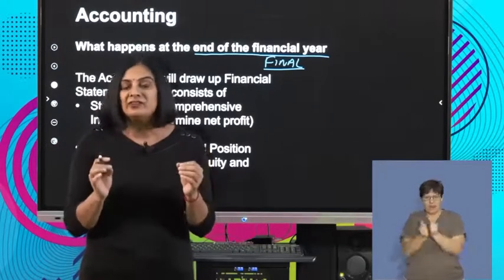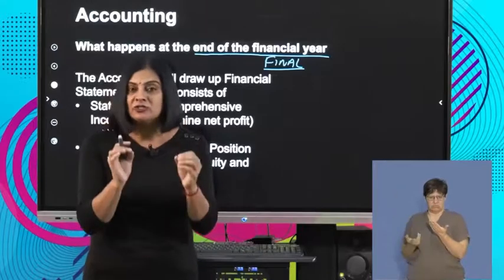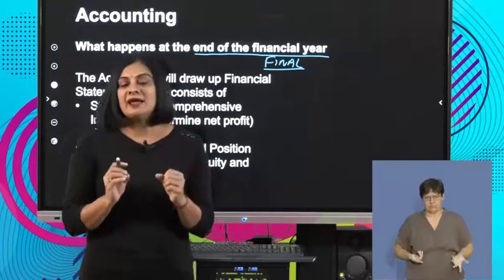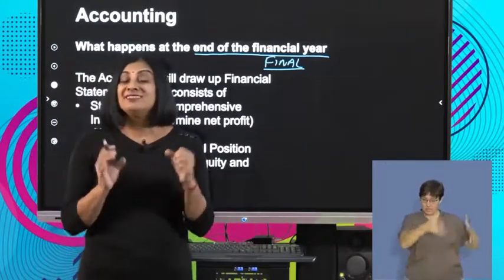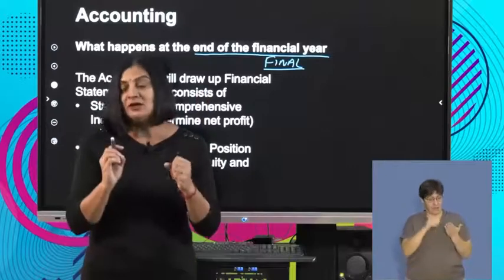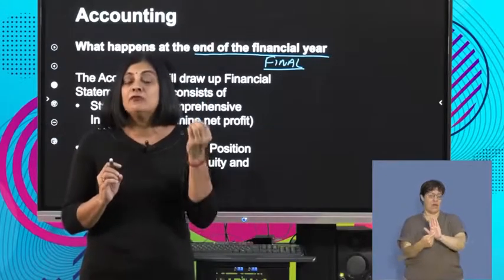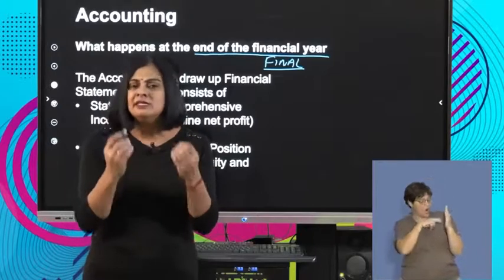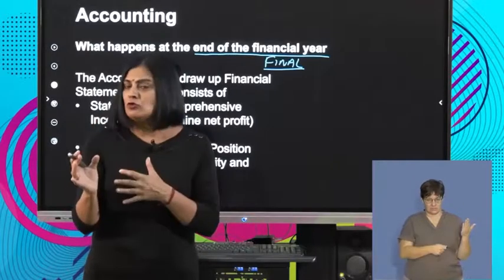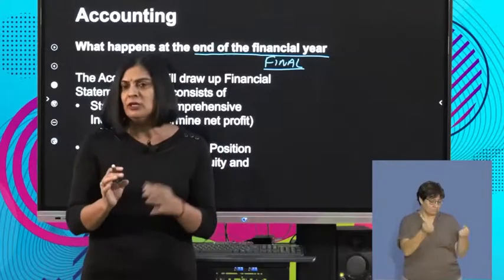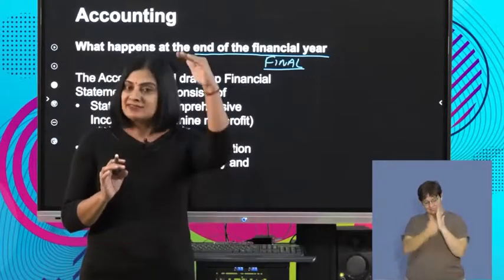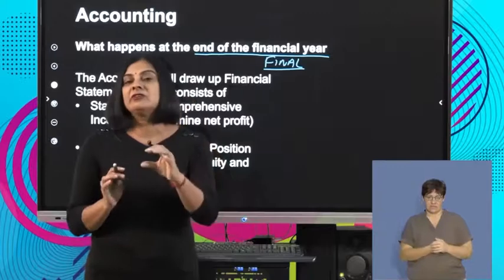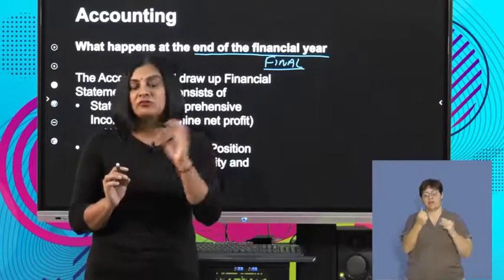They don't necessarily have that accounting background. So as the accountant, you then take the ledger and you present it in the form of financial statements, which is much more reader friendly. So whether or not you understand accounting, you will understand statements. So hence the reason for us preparing financial statements.